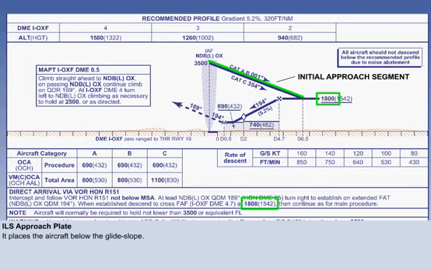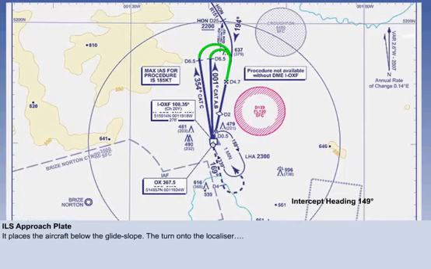Notice that at this height the aircraft is below the glide slope and will therefore be able to intercept it from below. From 6.5 miles out, the aircraft has to turn to intercept the inbound 194-degree radial, which is the final approach track. The intercept should normally be at 45 degrees, which means that the aircraft will be on a track of 149 degrees, 194 degrees minus 45 degrees.